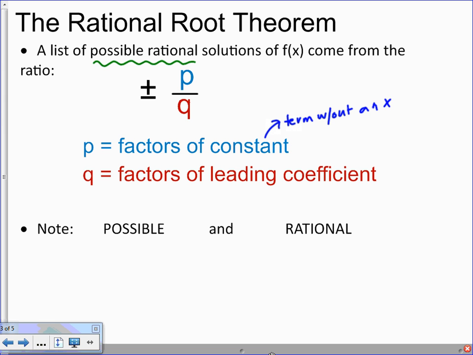So we want to understand when we say we're making this list, what are we actually finding in the list? Let's start with the word possible. What does it mean to be possible? It can happen? Does it have to happen? No. Okay, so that's a really good thing that it's important for us to understand.